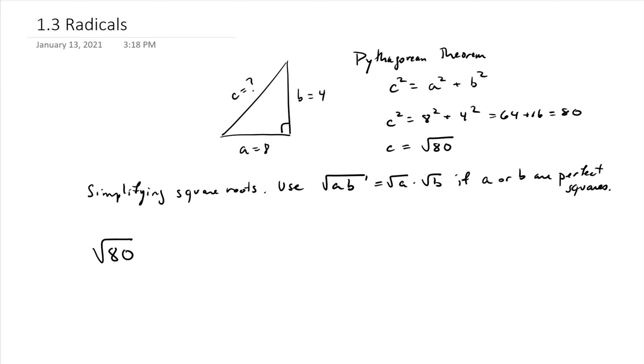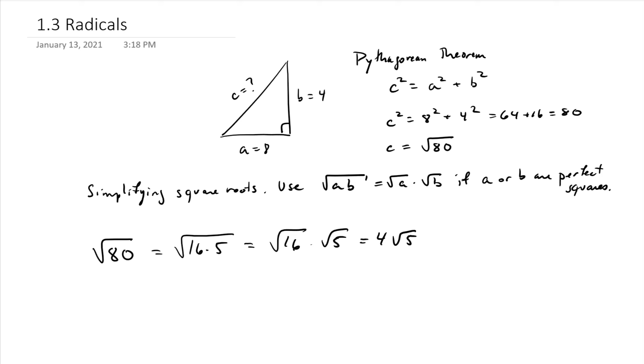Now 80 is 16 times 5, and 16 is a perfect square. So I can write this as square root of 16 times square root of 5. Now 5 is not a perfect square, but 16 is, so this is 4 root 5. There are no other perfect squares that divide evenly into 5, so I'm done here.